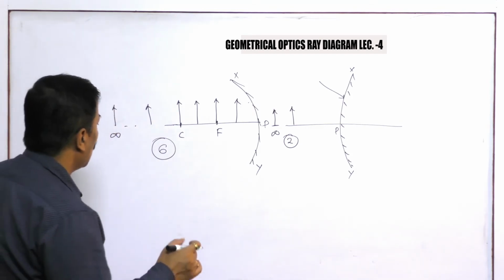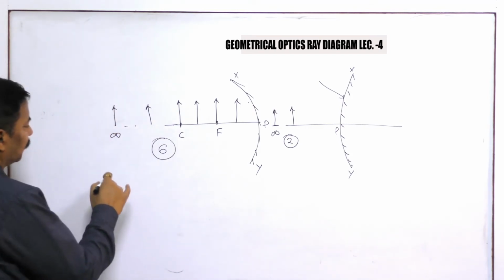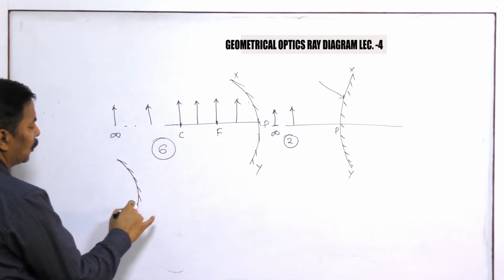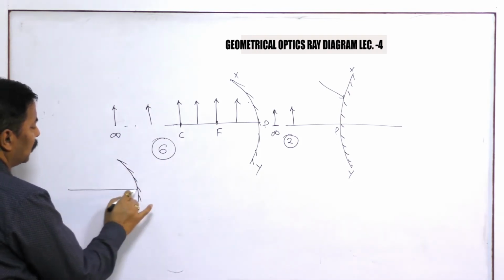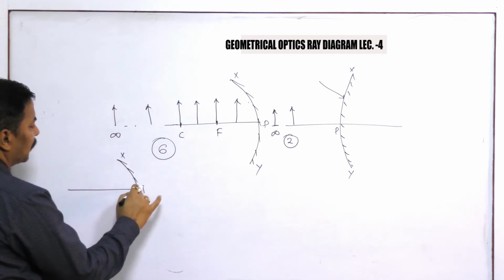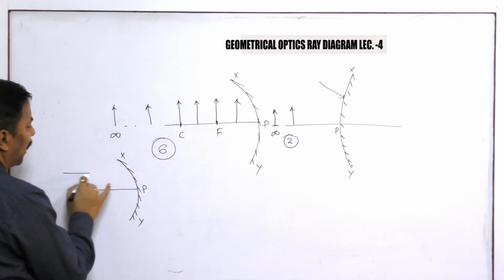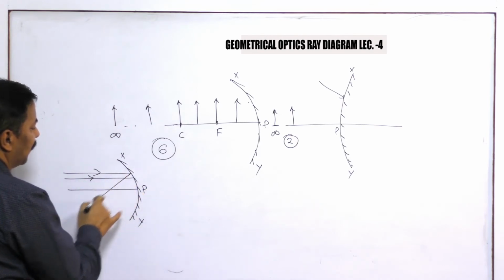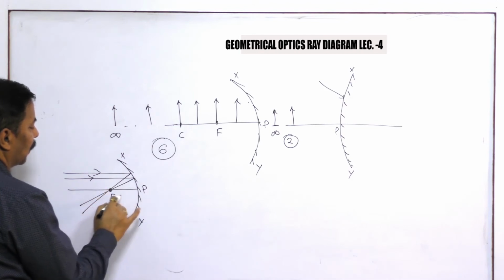First, object is at infinity. If the object is at infinity, the rays should come parallel to the principal axis, and naturally after reflection they will meet at a point on the focus.